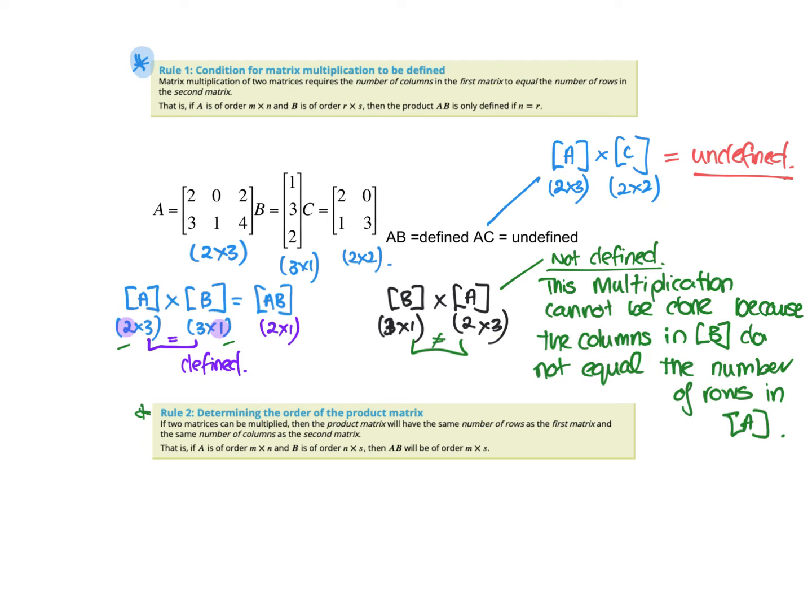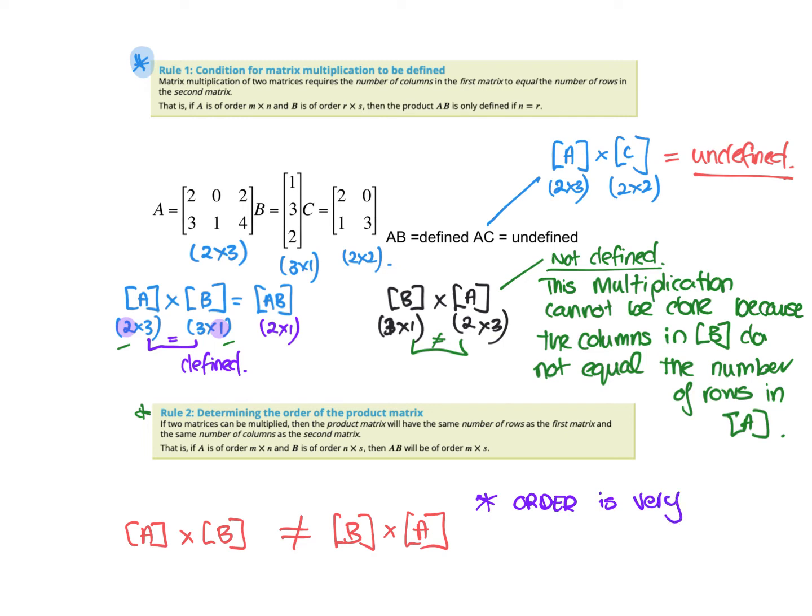So hopefully you noticed there that if we times matrix A by B, it's not the same. It does not equal B times A, does it? It didn't work when you changed it around the other way. So you need to make a little note there: order is very important with matrix multiplication.